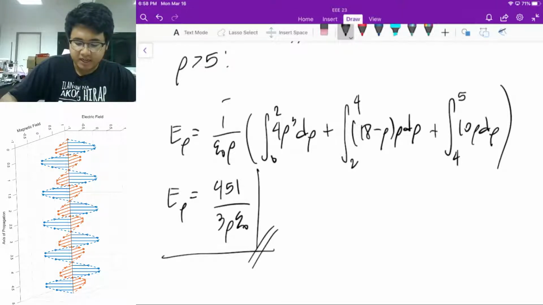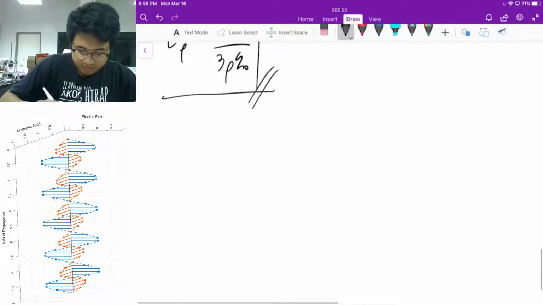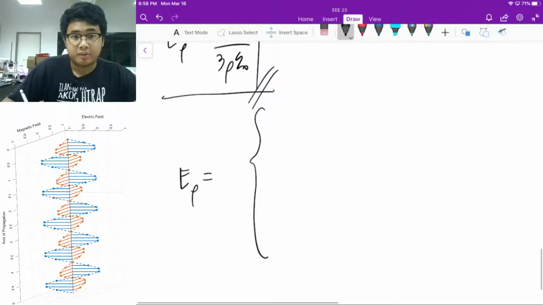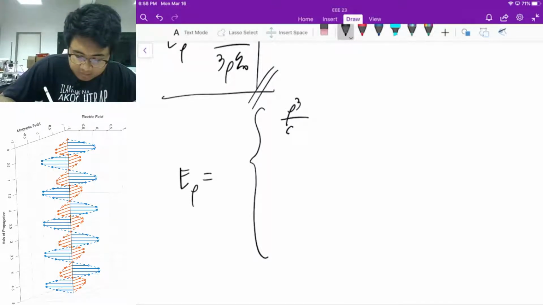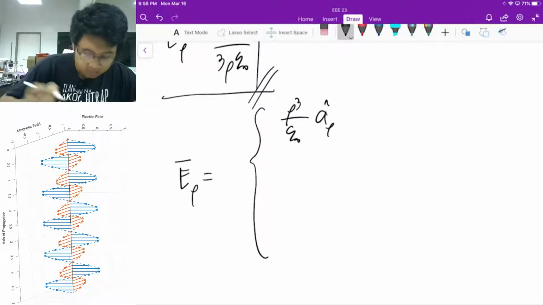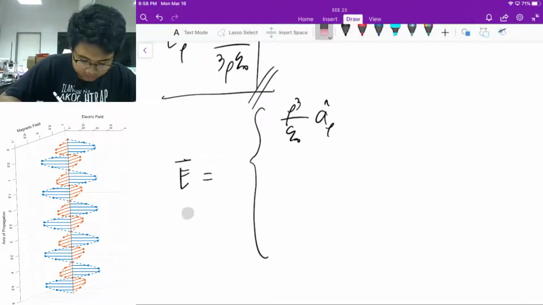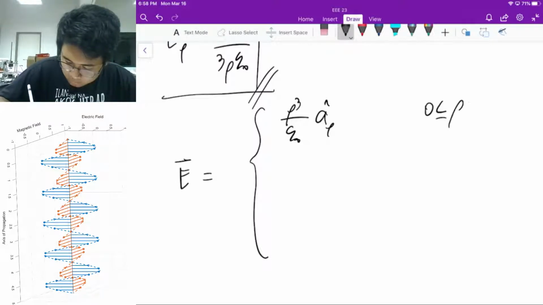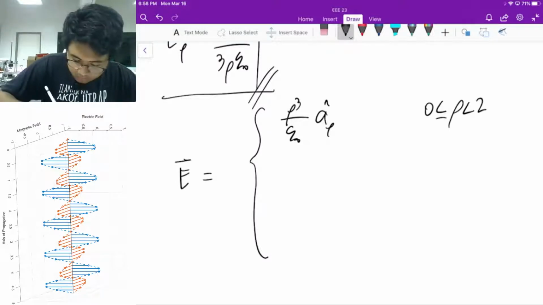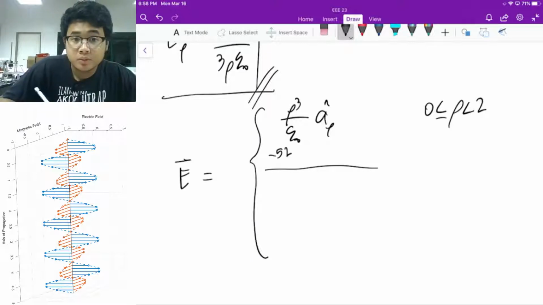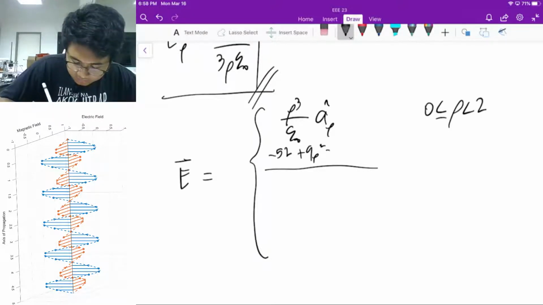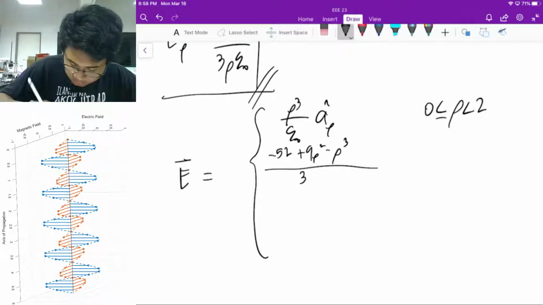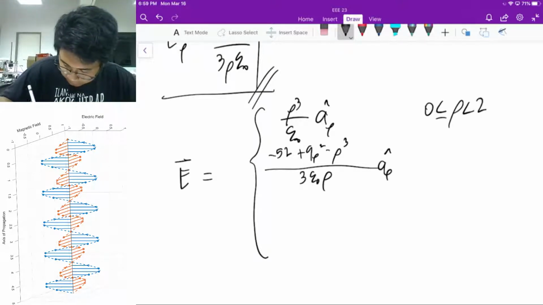We can now finally write the total electric field in 4 different regions. So I have rho cubed over epsilon 0 a rho hat. So this is now a vector. This is the first region from 0 to 2. Second one is negative 52 plus 9 rho squared minus rho cubed over 3 rho epsilon 0 a rho hat, and this is from 2 to 4.